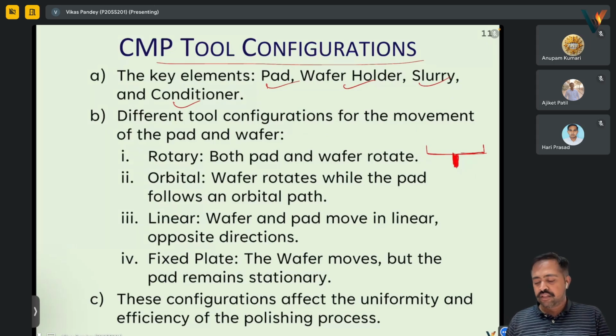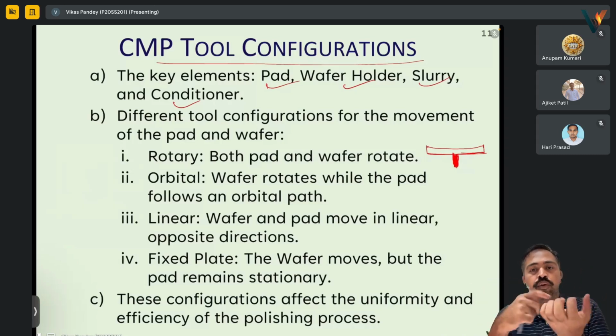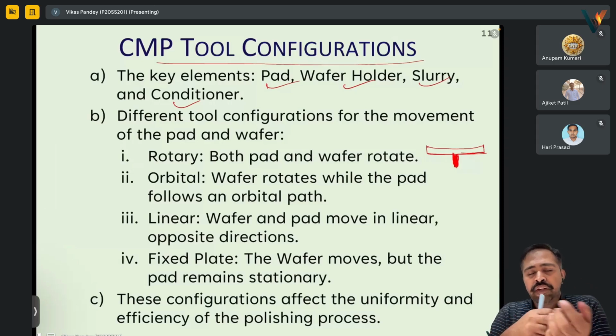Some have a mechanical holder which is screwed, using slots. Some have vacuum based systems, where you keep the wafer, switch on the vacuum, and it will be held tight. It depends on the manufacturer as well as the design.